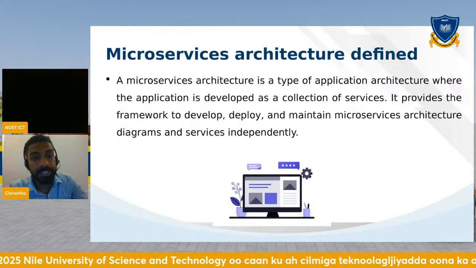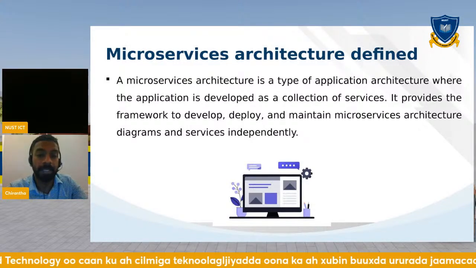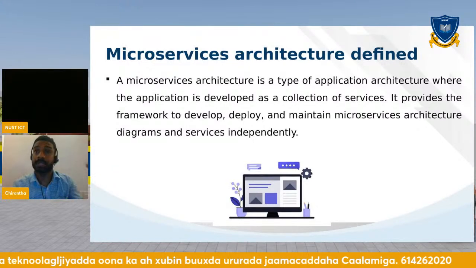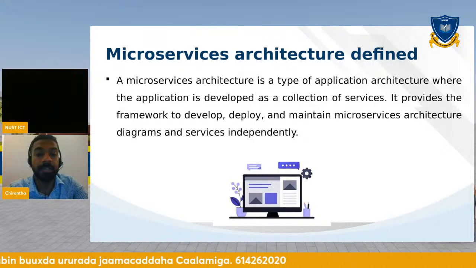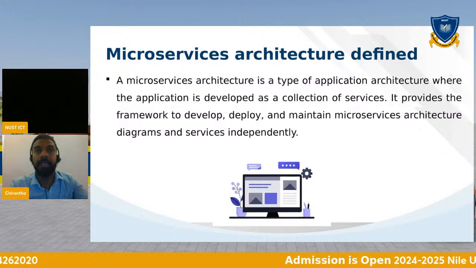Then the microservices architecture is a type of application architecture where the application is developed as a collection of services. Everything is gathered together. It provides the framework to develop, deploy, and maintain microservices and services independently. There are different services.